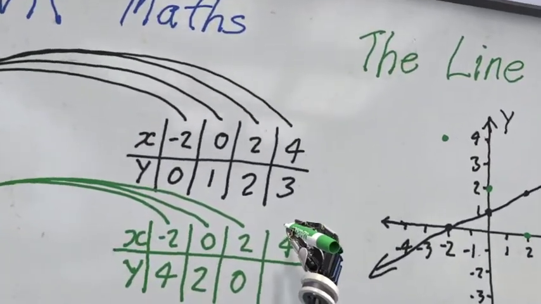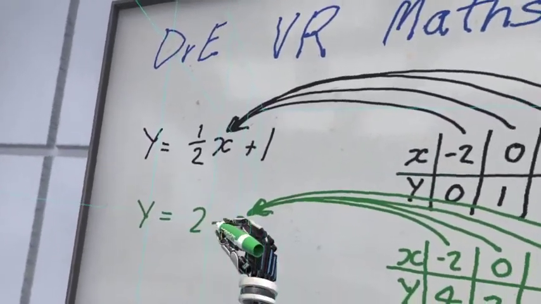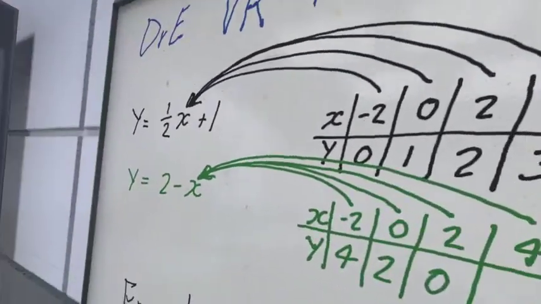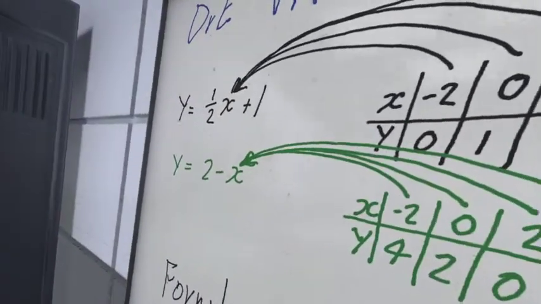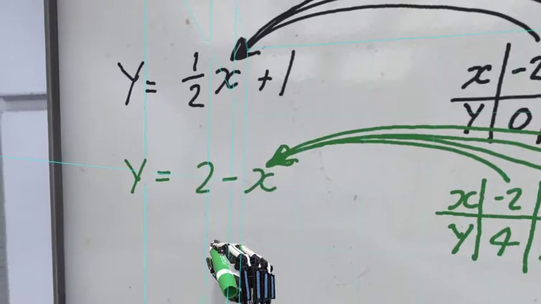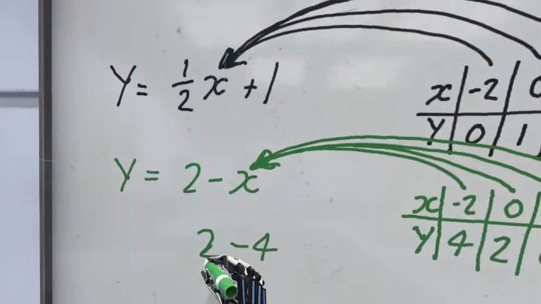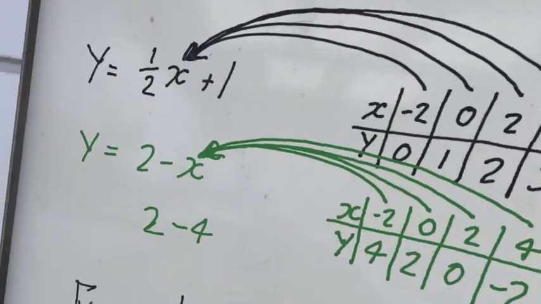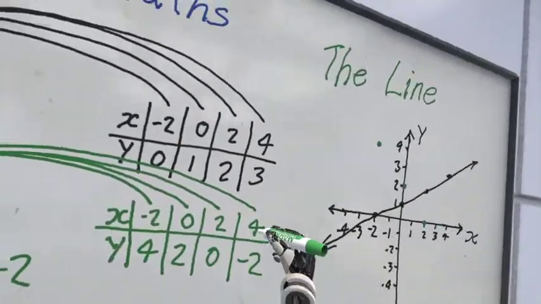We're going to put in 4. 2 take away 4, or what is 2 take away 4? Minus 2. We're going negative, so that's going to equal minus 2. So we've got 4, minus 2.